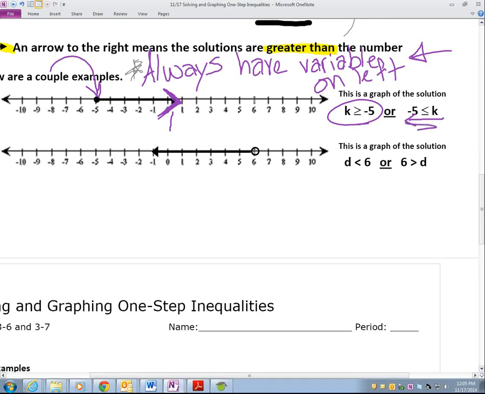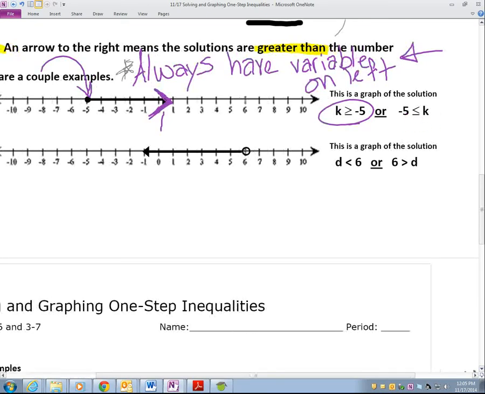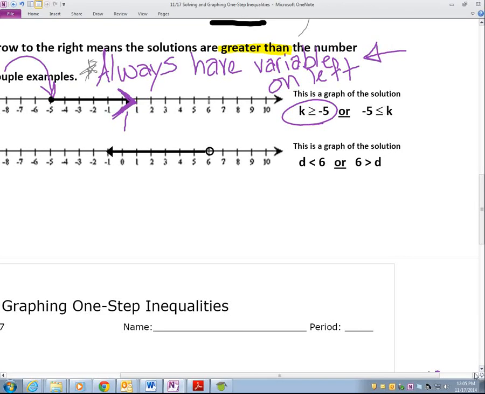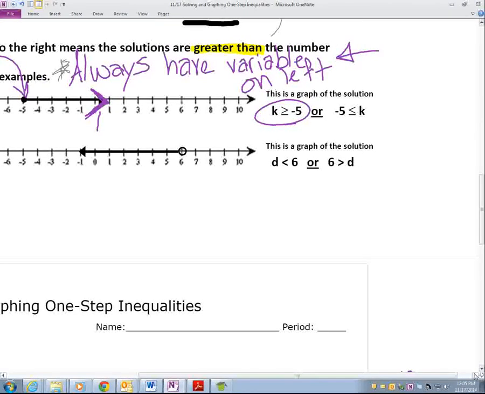The way that I'll prove to you why that is this. If I wanted to get k on the left, it would be negative 5 less than or equal to k. I'm going to subtract k from this side, subtract k from this side, then add 5, so now I'm at negative k is less than or equal to 5.